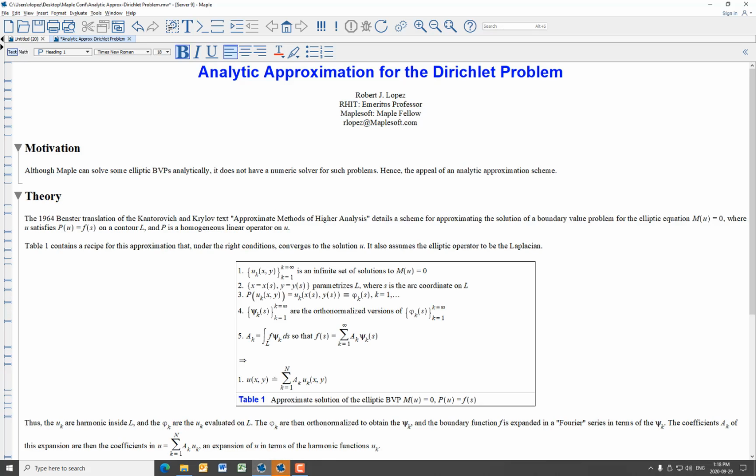I found the algorithm in the 1964 Benster translation of the Kantorovich and Krylov text, Approximate Methods of Higher Analysis.